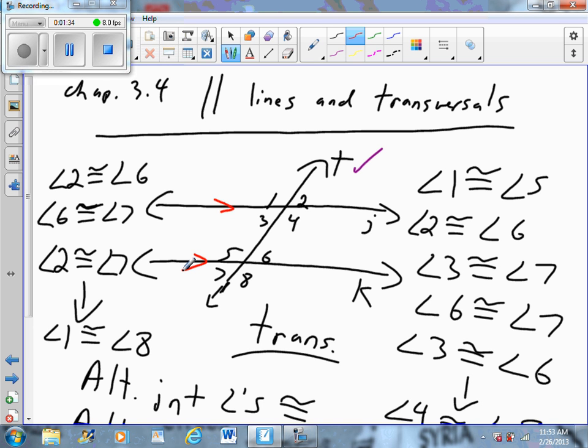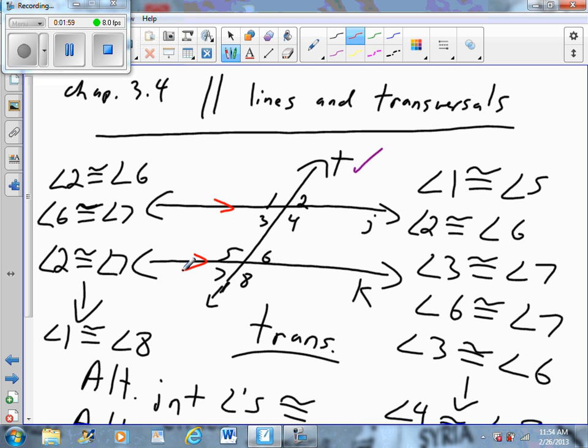Now, what is the difference between a postulate and a theorem? Postulates are accepted as true without proof. For theorems, you have a rational set of statements and reasons to establish the truth of a statement that we call a theorem.